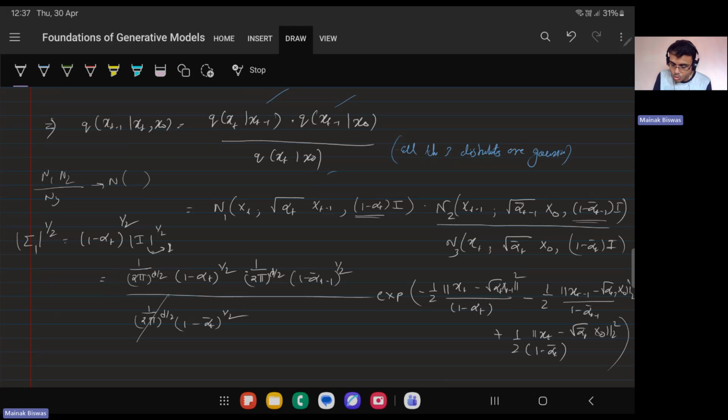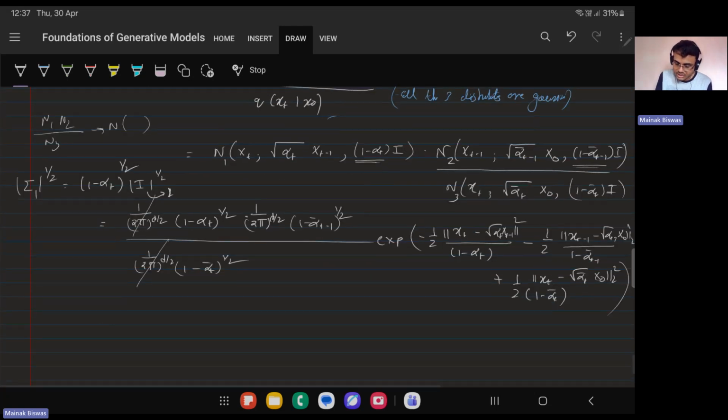Here, this will help me do a particular computation. You can write this as 1 by 2 pi to the power d by 2 into the square root of 1 minus alpha t, 1 minus alpha t minus 1 bar, and 1 minus alpha t bar.